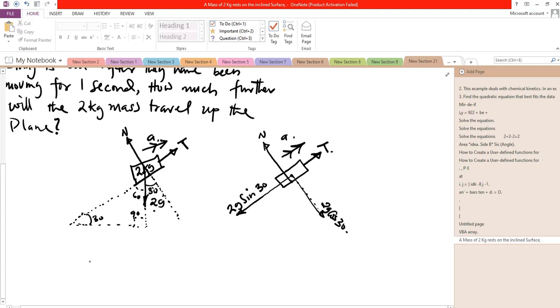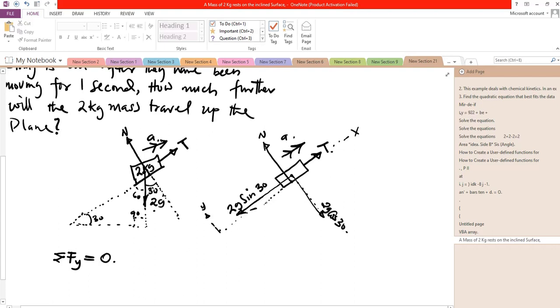So now, with this free body diagram, I will assume this is my y axis and this is my x axis. So now the summation of forces in the y axis will be equal to 0.